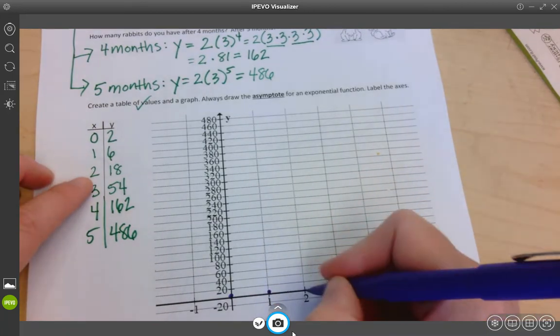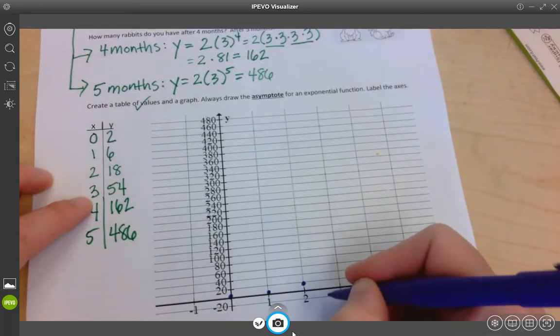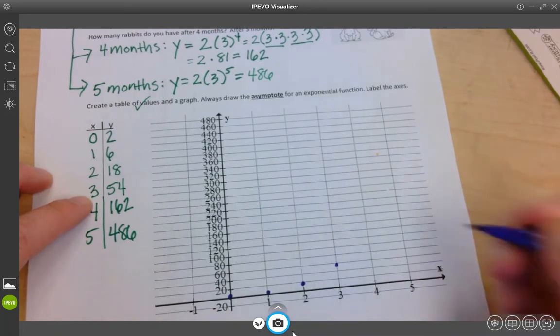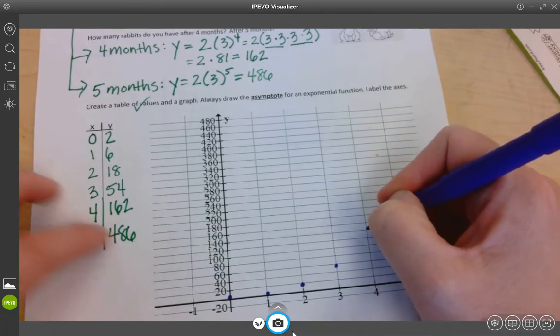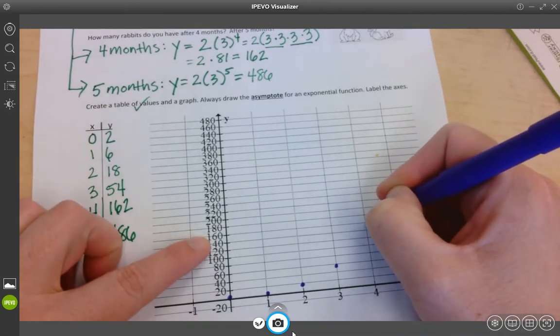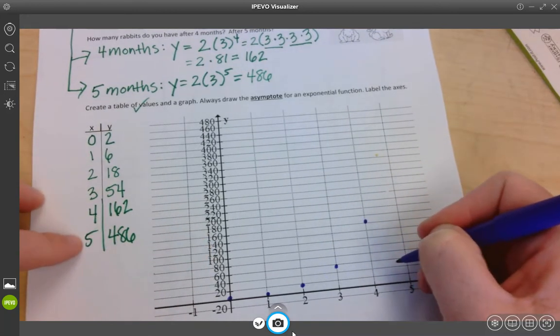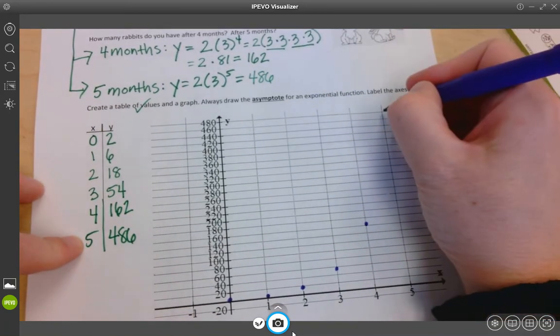And then I have 2, 18, so that's getting closer to the 20 line. 3, 54, that's going to be below the 60. 4, 162. Just above the 160. And then 486. Well, this last line here is 480, so I'll be above that.